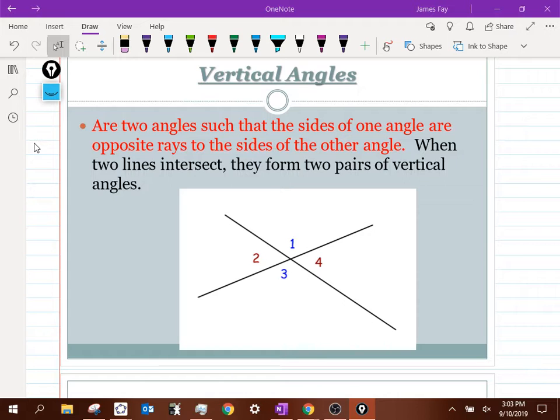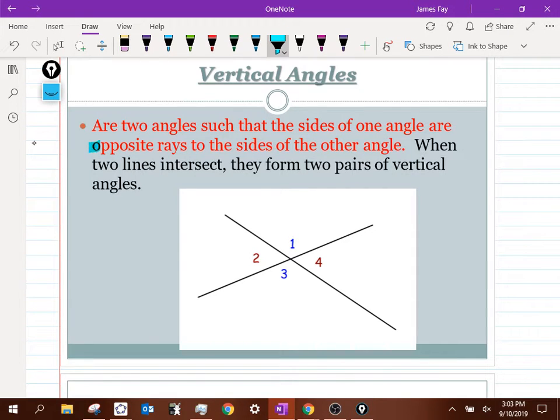This one shows you how vertical angles are developed. And the definition is what's written in red up there. It says, two angles such that the sides of one angle are opposite rays to the sides of the other angle. Two angles whose sides of one angle are opposite rays to the sides of another angle.